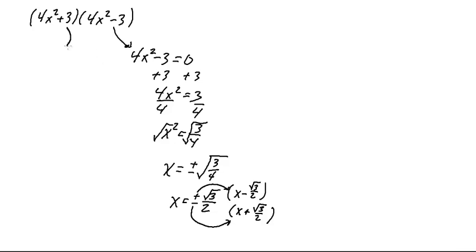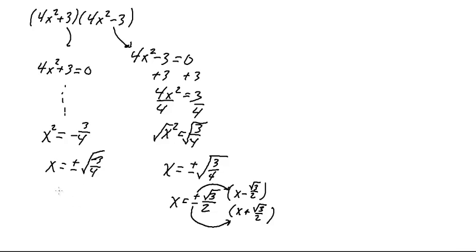And so I'm going to do the same type of thing here. I got 4x squared plus 3 is equal to 0, which I'm going to basically do the same steps here, except instead of adding 3, I'm going to subtract 3. So now, after I do all that, I end up with x squared is equal to negative 3 over 4, which means I now have x is plus or minus the square root of negative 3 over 4.